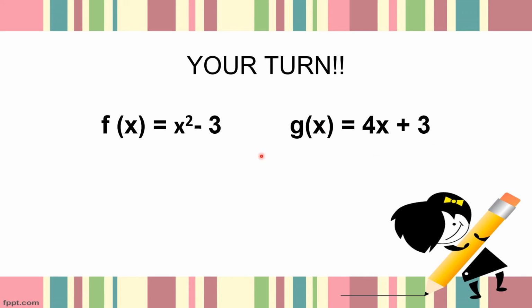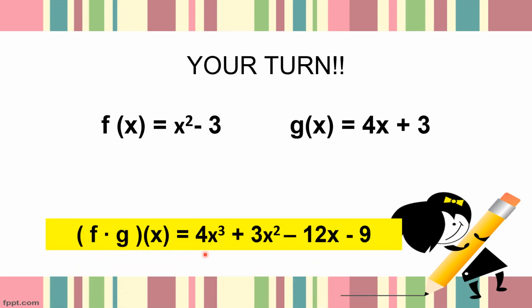So, pag binomial by binomial, you are going to use the FOIL method. Ayan, so 3 minutes. Okay, and the answer here is 4x cubed plus 3x squared minus 12x minus 9.